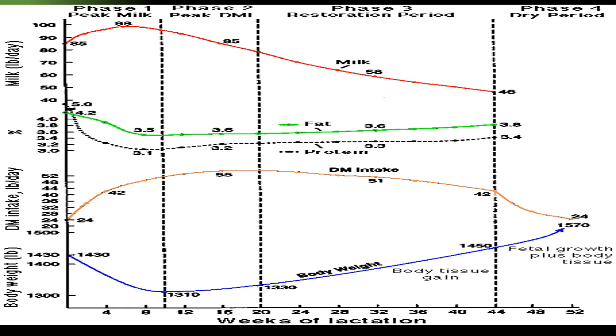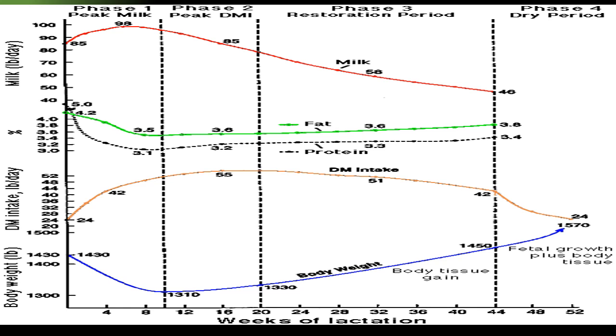The first one is the peak milk phase. The second one is where dry matter intake is at its peak, and the third phase is known as the restoration phase, and the fourth one is the dry phase or dry period.